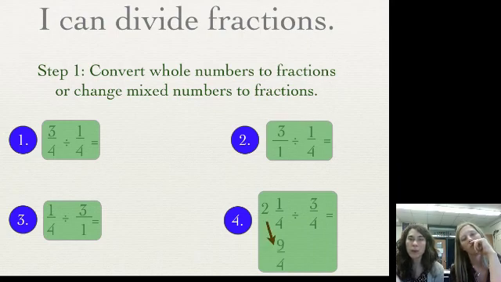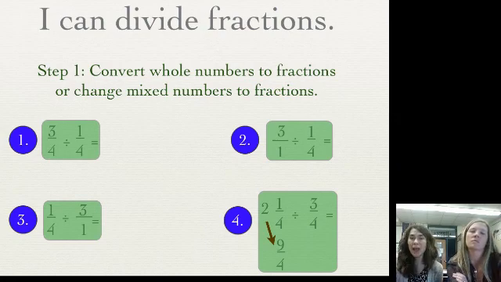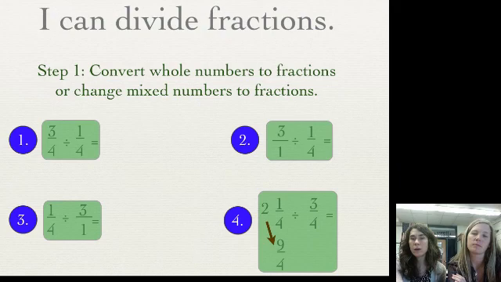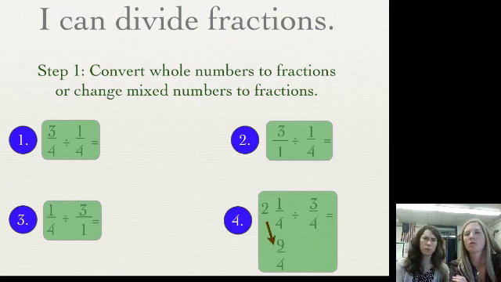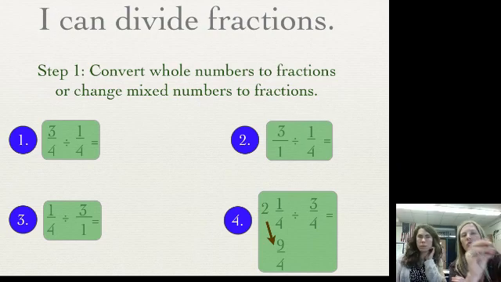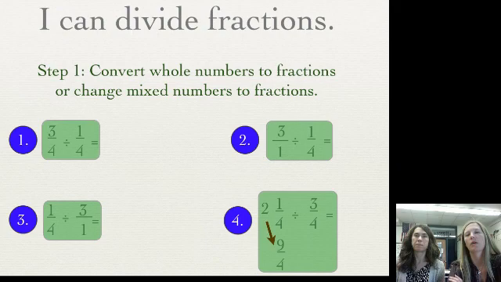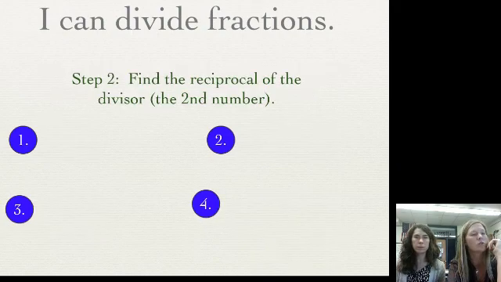If you remember, you have 2 times 4 equals 8, and then you add the 1, so you have 9/4 now. Hopefully you remember that. And then you just have 9/4 divided by 3/4. Notice all we're trying to do with this first step is get 2 fractions side by side to divide. That's all this step is about. Those are just some of the things you might run into. All right, so step number 2.